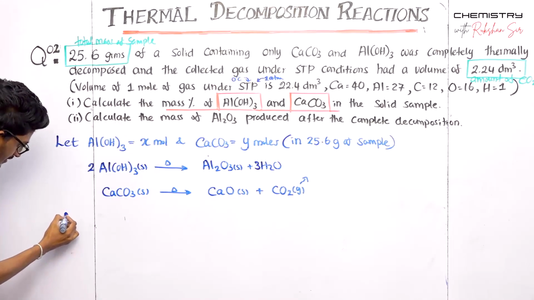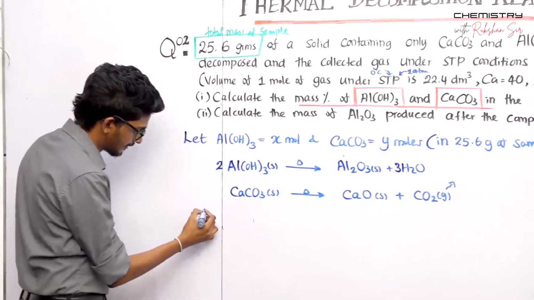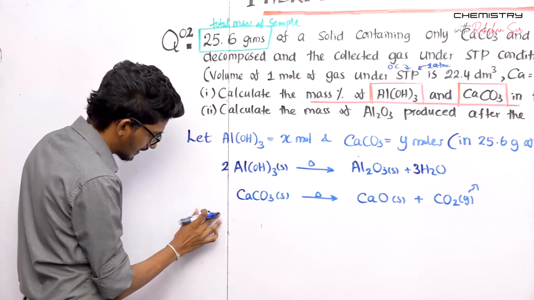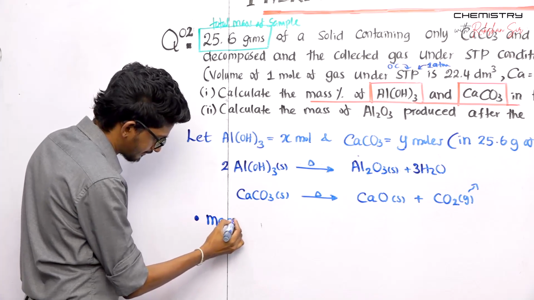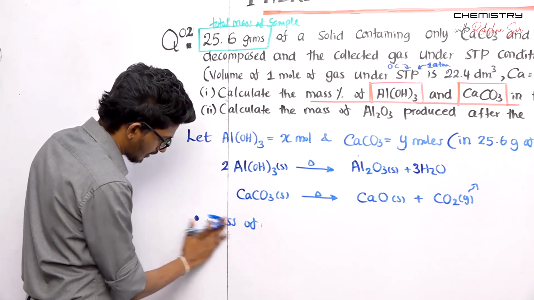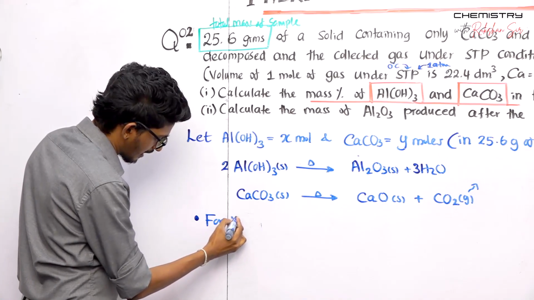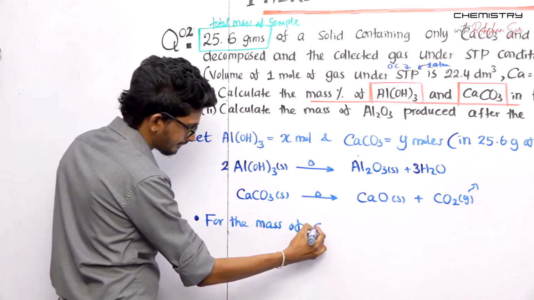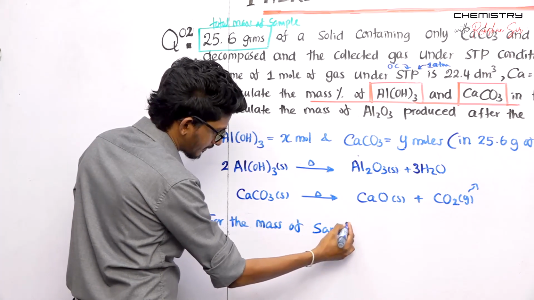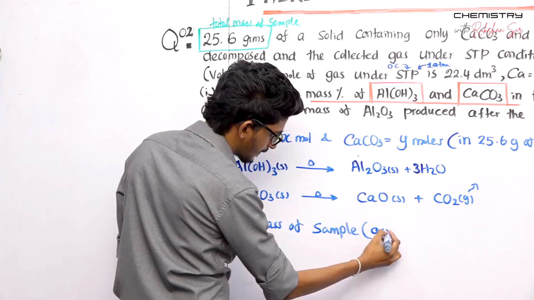First simultaneous equation is for the mass of sample. We are writing these numbers in grams.